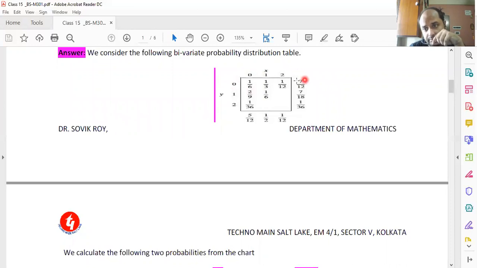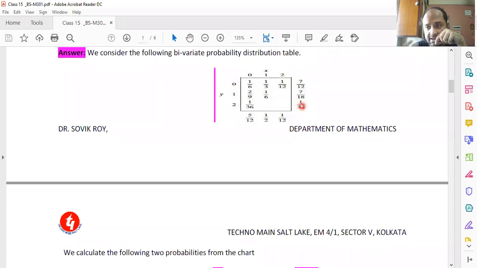But the probabilities which have been written outside the box, on the columns or on the rows, are called marginal probabilities. These probabilities correspond to the marginal probability distribution. So the probabilities lying outside the rectangular box are known as marginal probabilities.